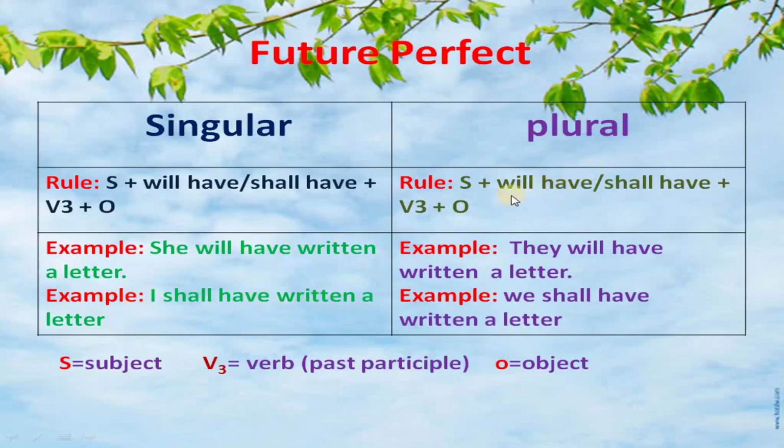Same in plural formula, subject plus will have or shall have plus V3 plus object. Example, they will have written a letter. One more, we shall have written a letter. Here V3 is past participle, S is subject and O is object. Here she or I shows the singular form and they or we shows plural forms.